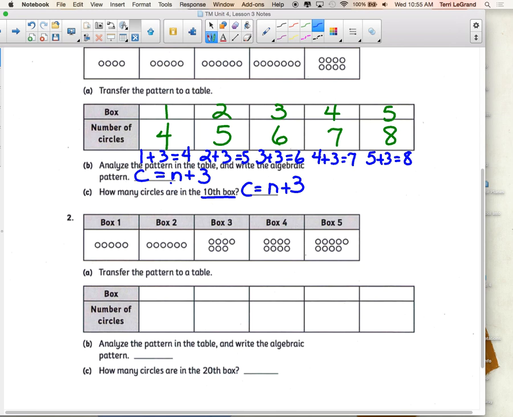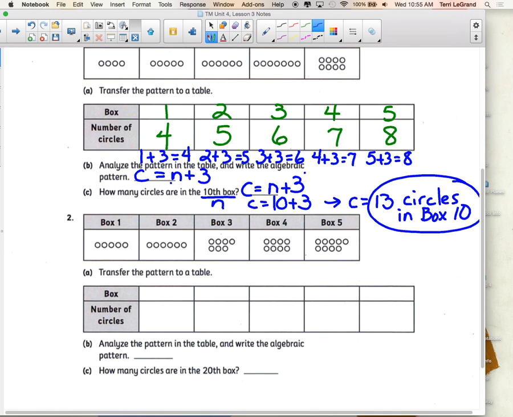That's our N. Remember, the box number is our N. So we are going to put 10 in for N. And that should tell us how many circles would be in the 10th box. How many circles would there be in the 10th box? 13. Okay, 13 circles in box 10.